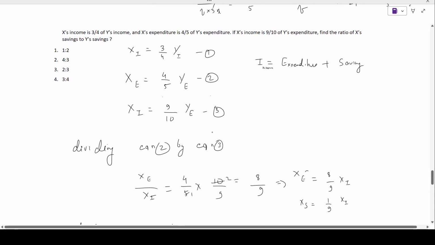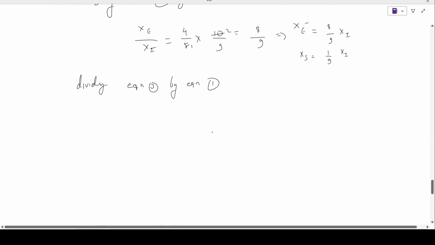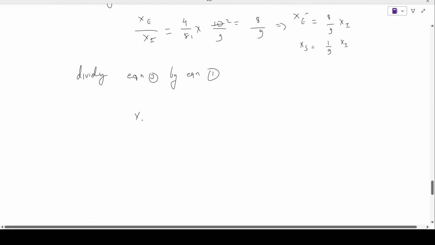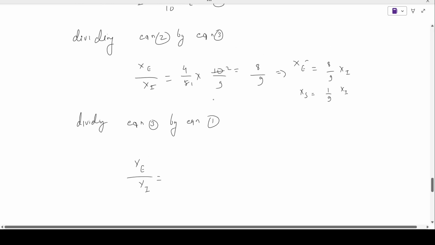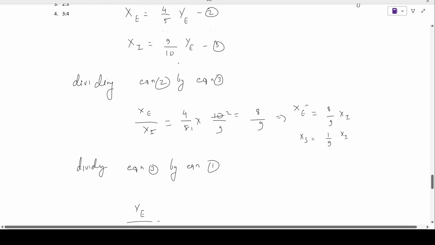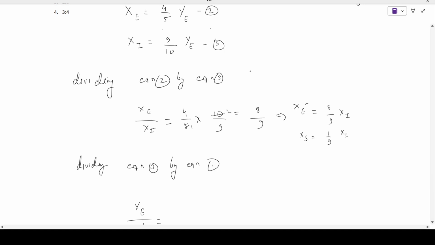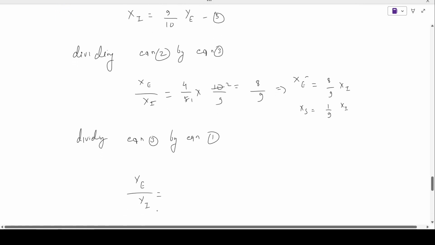We have Y's expenditure upon Y's income will be, 9 by 10 will reciprocate when transferred to the other side, we have 10 by 9.